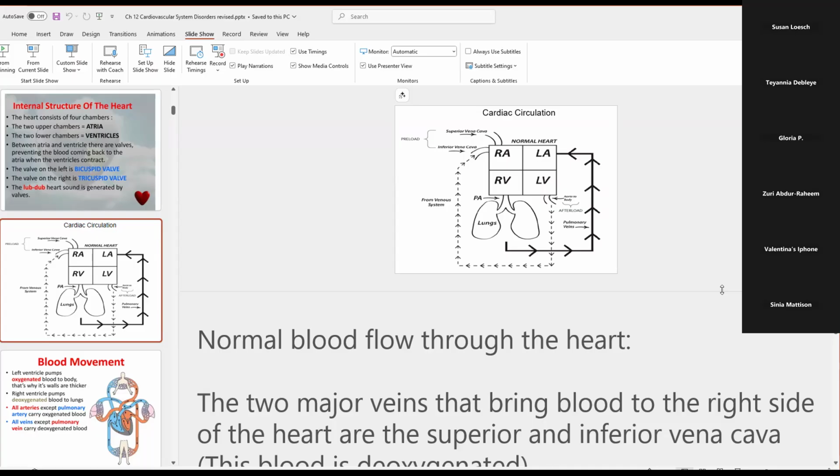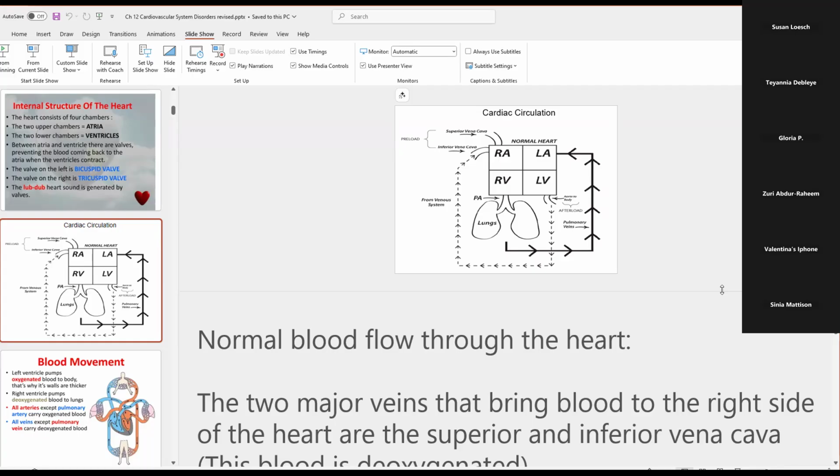On the right side of the heart, you have the tricuspid valve and the pulmonic valve. If those valves become stenosed or incompetent, it's going to cause right-sided heart failure. If you have some sort of lung disease, it's going to affect the right side of the heart.